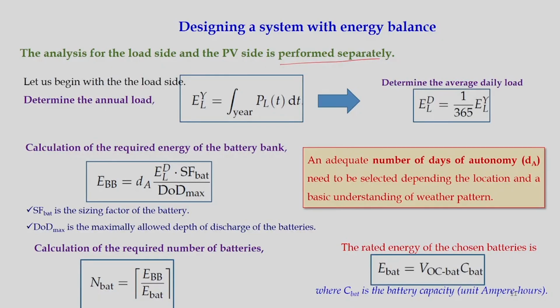So, we need to understand the annual load of that particular industry, household or system. So, this EL is the integration of PL(t) multiplied by dt. If I am interested in the average daily load, then we divide this EL by 365.